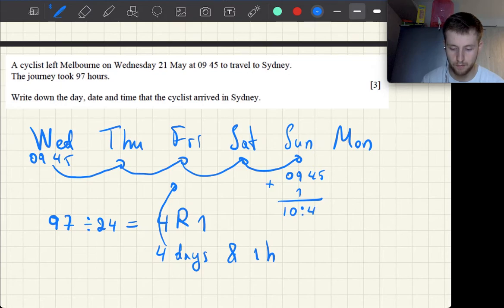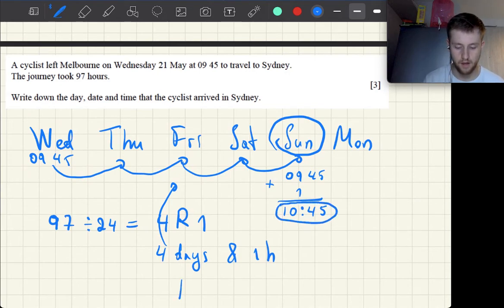So 10:45 on Sunday would be the time when the cyclist arrived in Sydney. Again, the answer is 10:45.